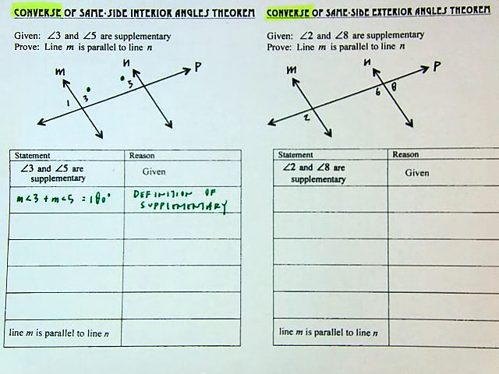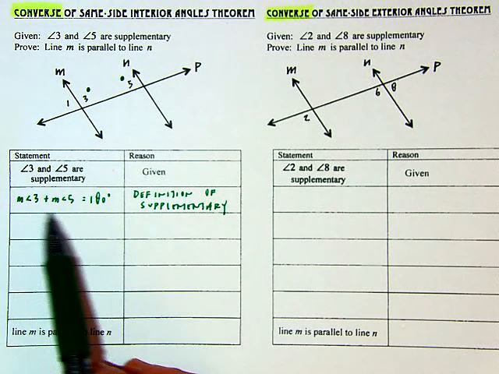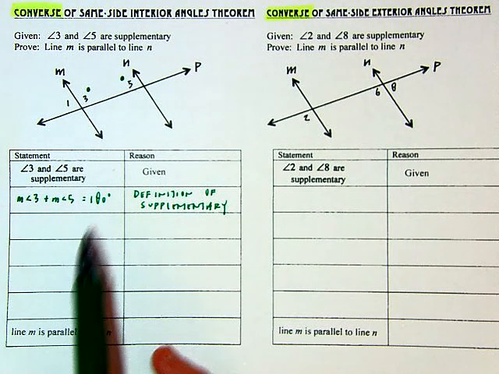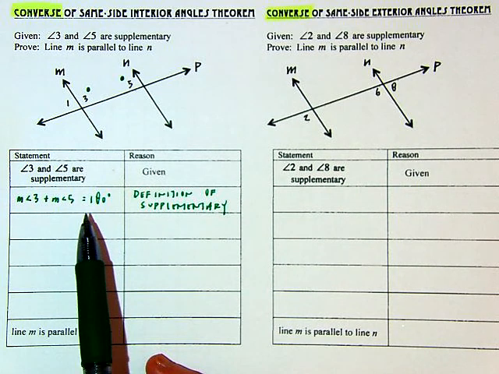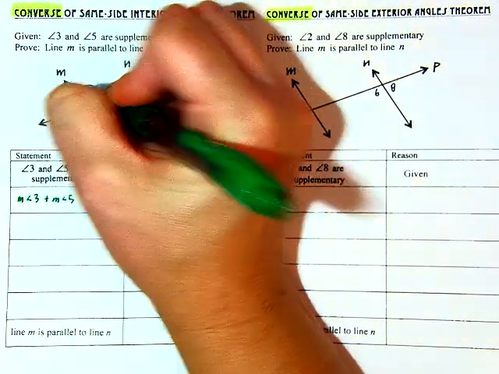So now, when I think of where I am and where I need to be, well, right now, I have an equation built that two measures add to 180. So typically, when I'm at this point, I look at the picture and I look for another pair of angles that also sum to 180. And I can see this pair right here.